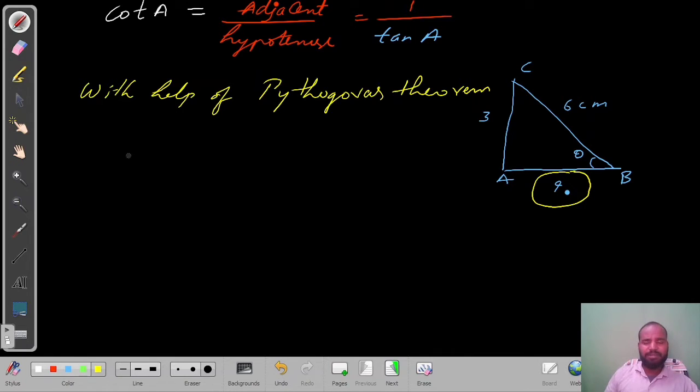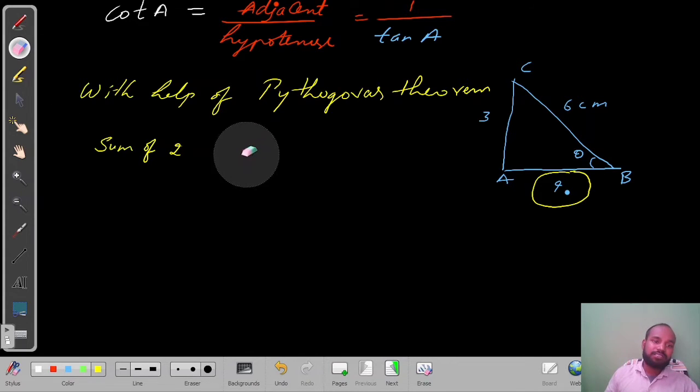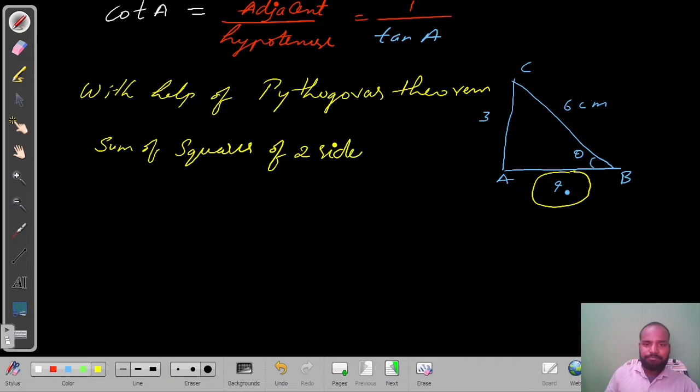What is Pythagoras theorem actually? Pythagoras theorem is nothing but the sum of the squares of the two sides equals the square of the hypotenuse, or hypotenuse square.